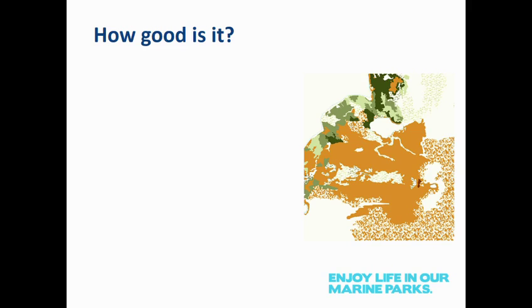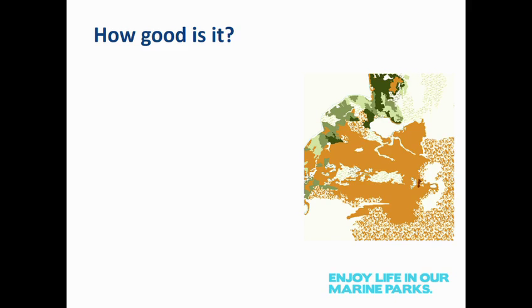So the next question was, how good is this method if we're sampling at this very coarse resolution of 1 drop per square kilometre? Obviously we know exactly what's under the video drop because we can see it on the footage. The question was, how well does this sort of output represent the whole area?